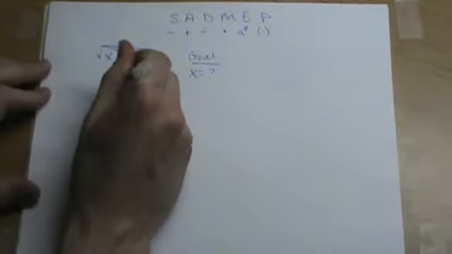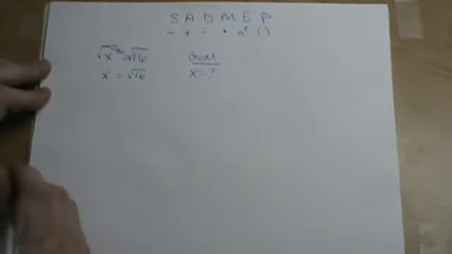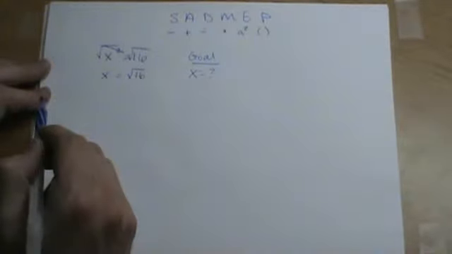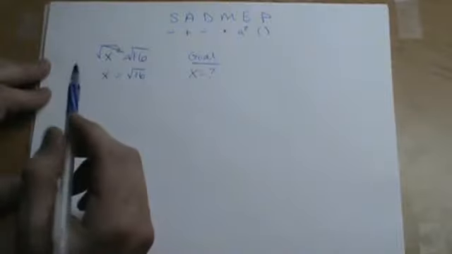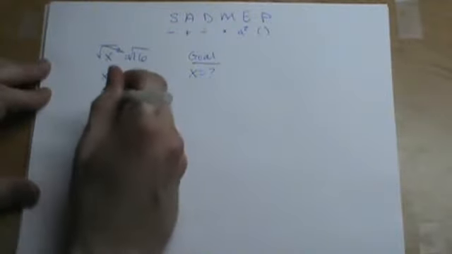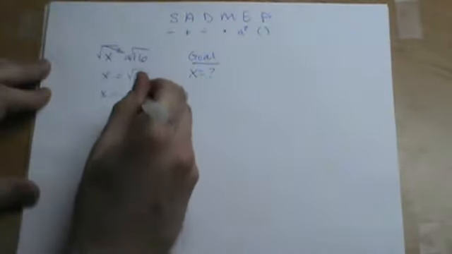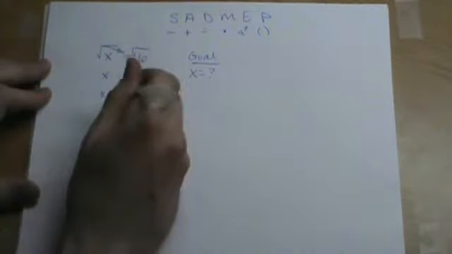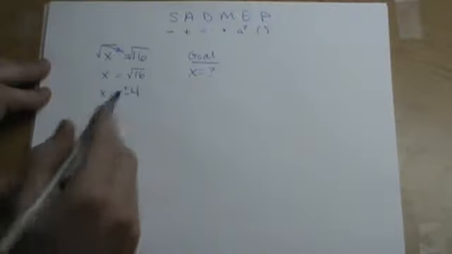So we have x equals the square root of 16. Now this brings back your prior knowledge of our last couple days. How do you find out the square root of 16? Well, thankfully, the square root of 16 is a perfect square. So it's going to be 4. However, we're going to do plus or minus 4. So the answer could be plus 4 or the answer could be minus 4.